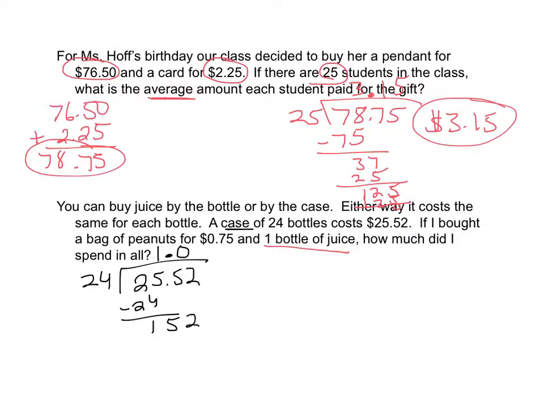I'm going to go and bring down the 2. 24 goes into 152. Estimate and say 7 times. Let's see, 24 times 7 would be 158, so that's too much, so we need to actually drop this down to a 6.